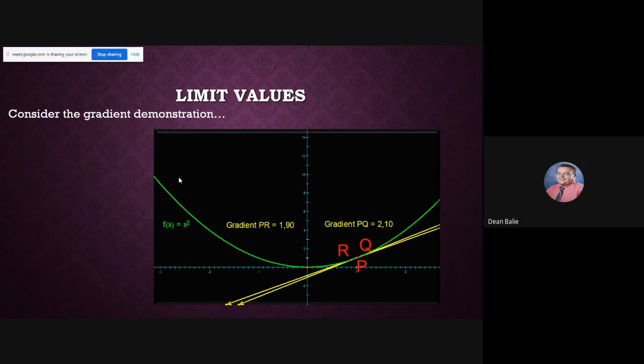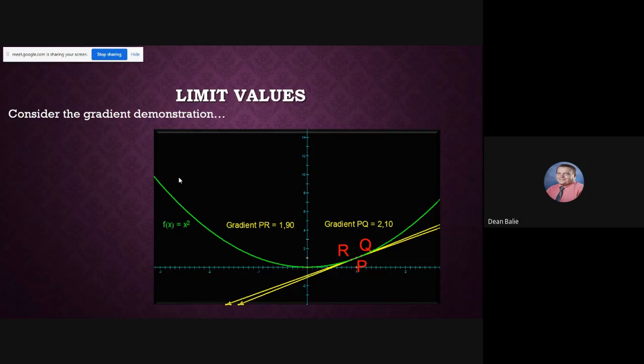We also acknowledged the fact that we won't actually be able to work out the gradient if Q arrives at P, because our x value, or our change in horizontal, would then be 0. We wouldn't be able to calculate that because we can't divide by 0.